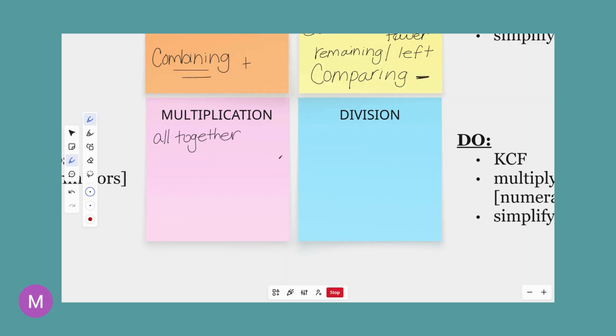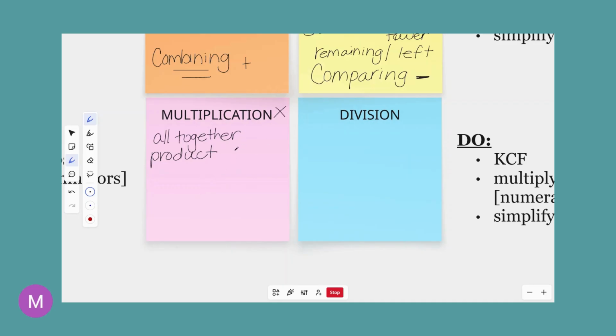But there will be keys in the word problem that will suggest that you are adding something very quickly or it's growing very quickly. And that will suggest that it's multiplication or it's growing by groups instead of growing by individuals. Product is the answer to a multiplication problem. So if they say, what's the product of, you know you're dealing with multiplication.